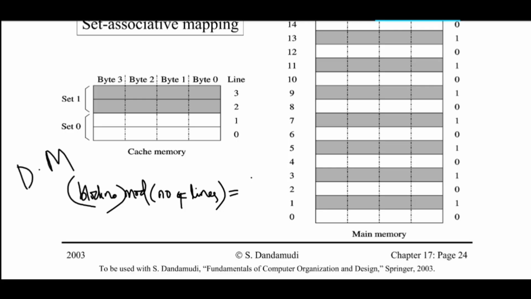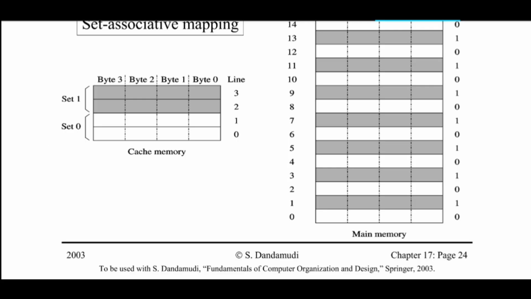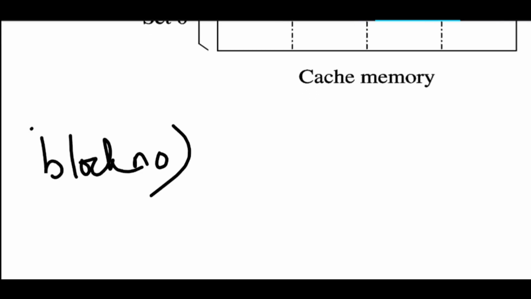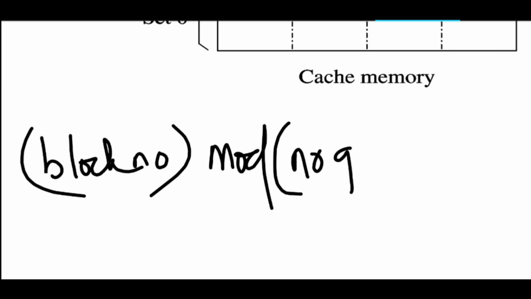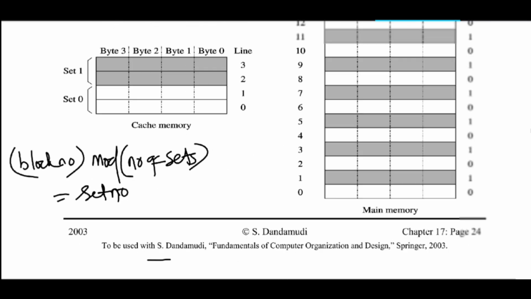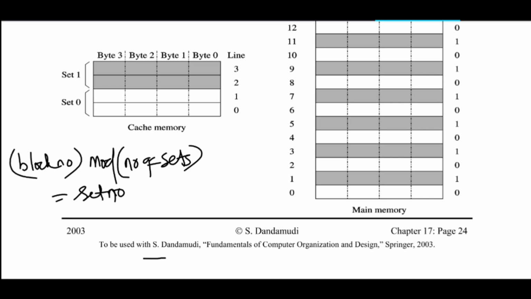Here we find the set address. How? Block number modulus number of sets. It finds the set number. Inside a set there are multiple lines: this is line 1, this is line 2.